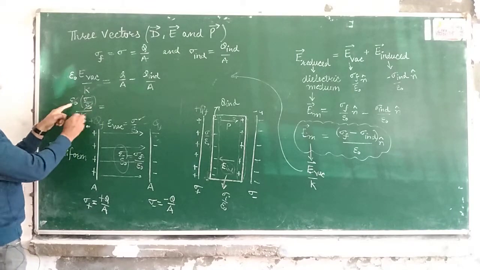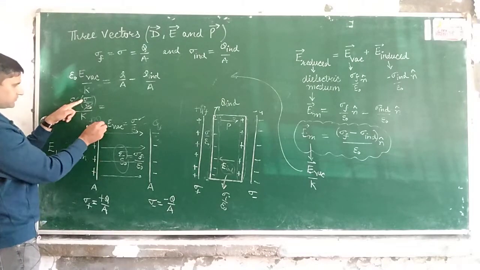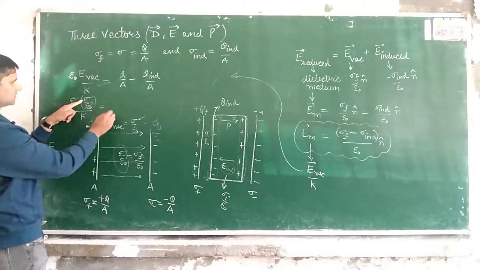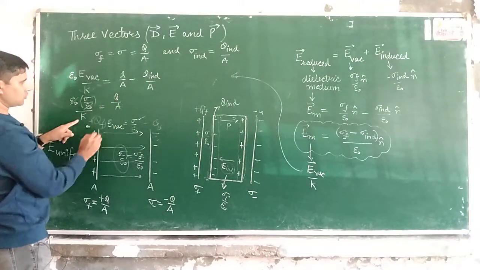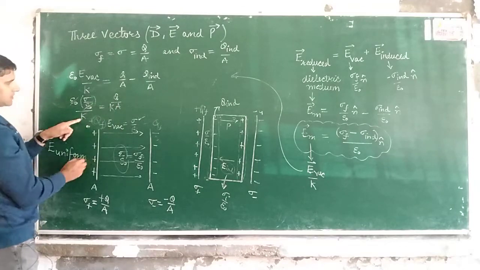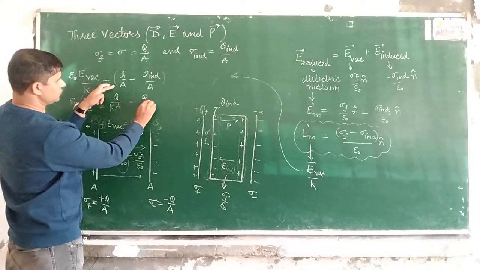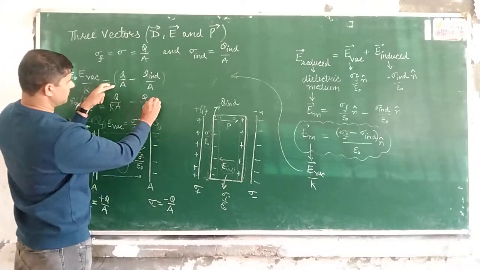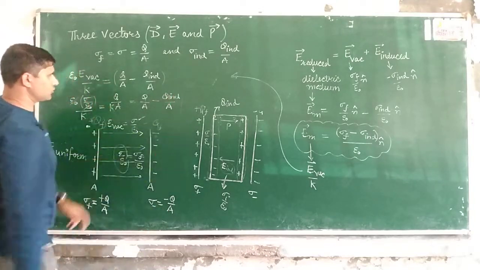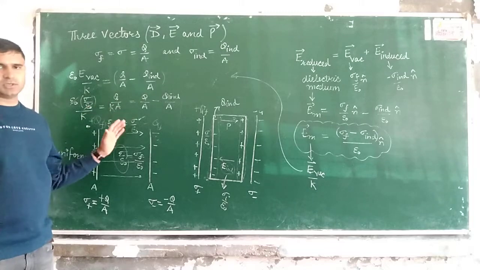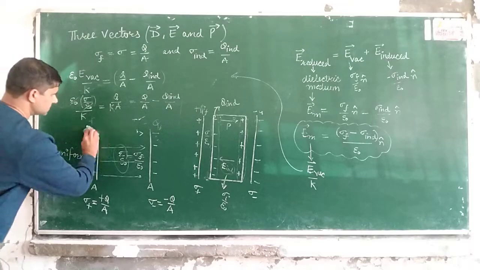You see epsilon node will cancel out, and this sigma is free charge density, which is free charge divided by area of the plate. So I can write this as Q by A, and then you have dielectric constant K. Now we will write this part: the charge Q divided by A minus the induced charge by A. So from here you can see how the induced charges and the free charges are related with each other.